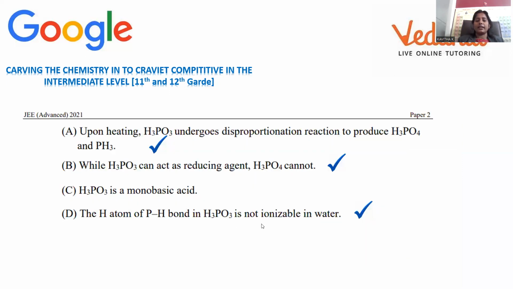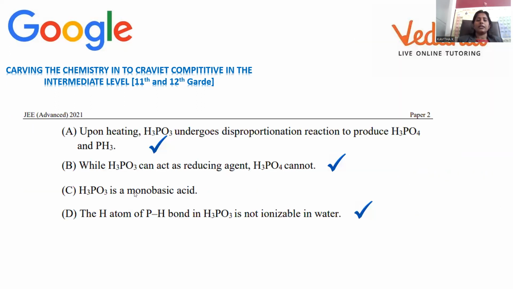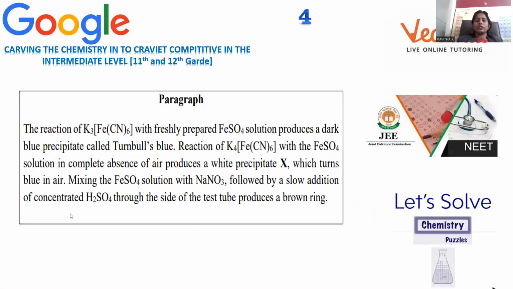What they are saying is correct only, non-ionizable in water, so it is also marked with the correct asterisk mark. Okay, so this is the way: A is correct, B is correct, D is correct, rather C is the wrong answer. So for question number 3, multiple options are correct: A, B, and D. Move on to question number 4.